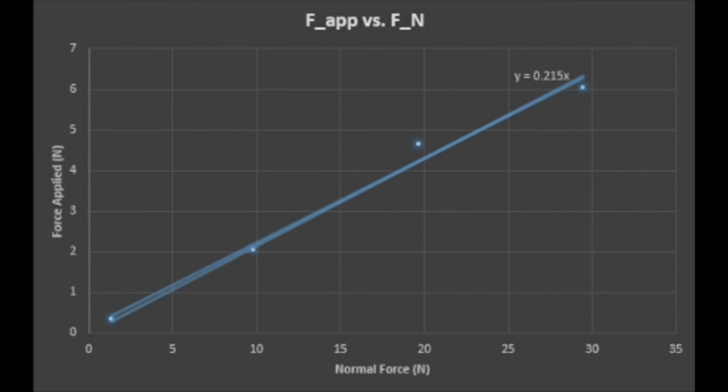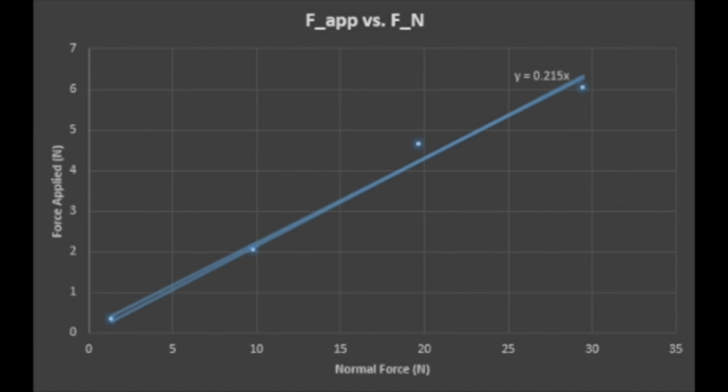Then we can see that there's actually a directly proportional relation between the kinetic friction force and the normal force. And in this case, because the friction force and the normal force have the same units, this tells us that this slope is going to be unitless.